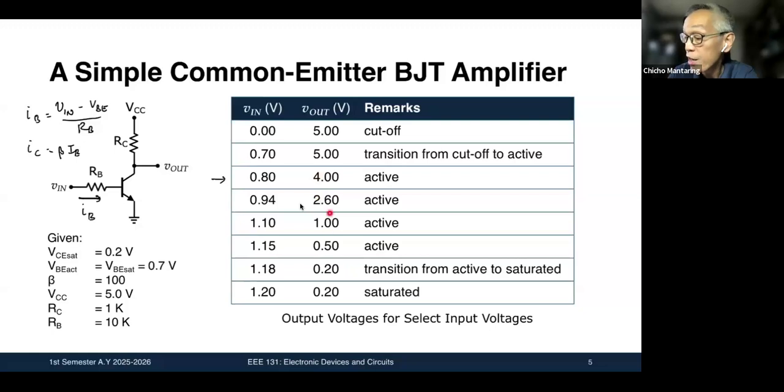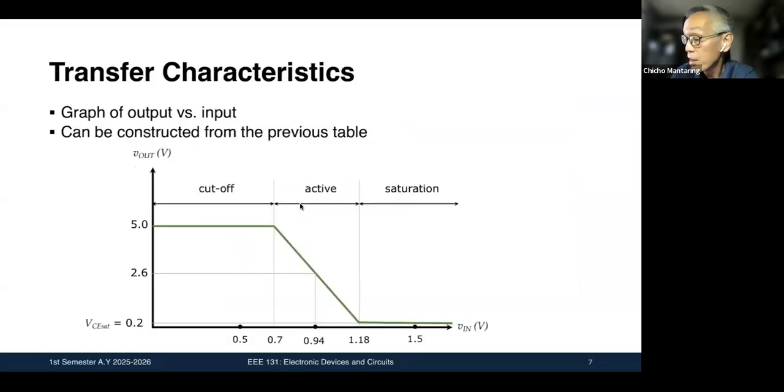This is actually a linear decrease with V in. By how much or until when will it decrease? It will decrease until your output is equal to the saturation voltage, VCE sat, which is 0.2 volts. At that point, it will not decrease any further. Your output will stay the same at VCE sat. So this is your transfer characteristic curve.